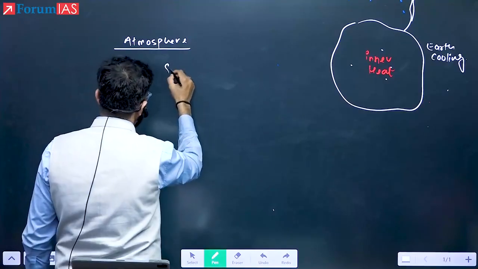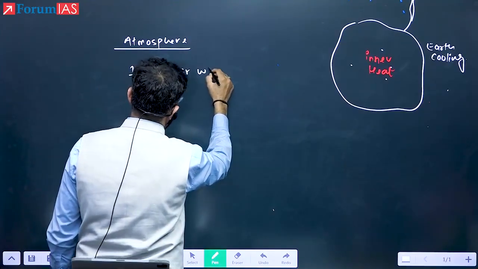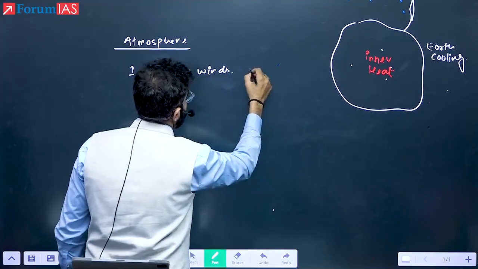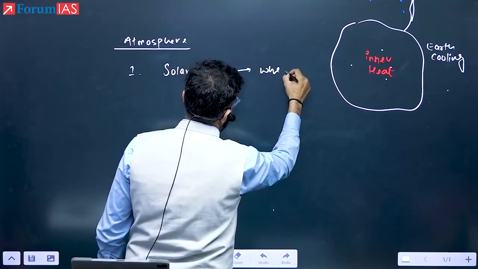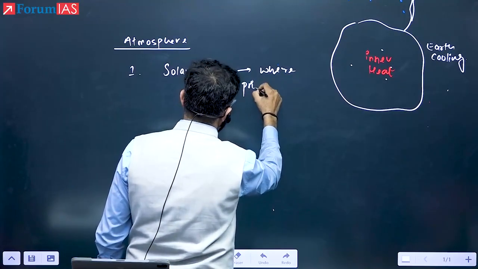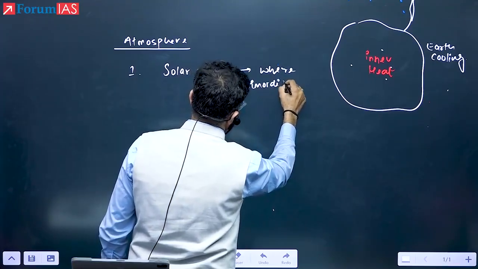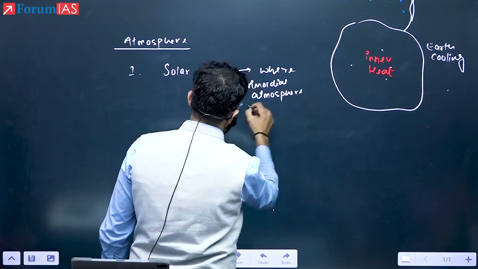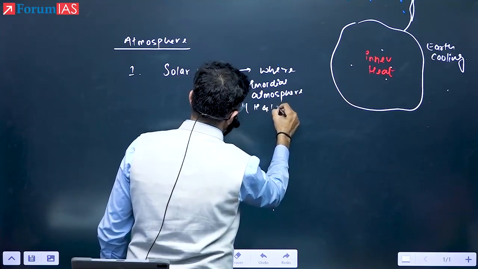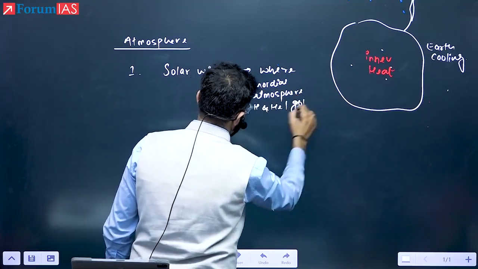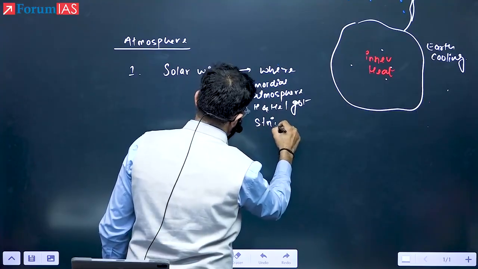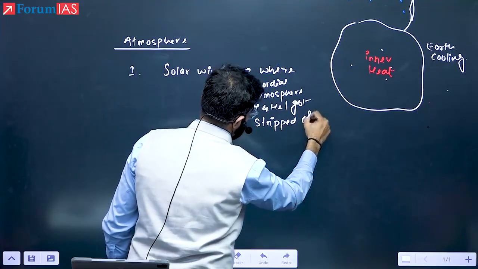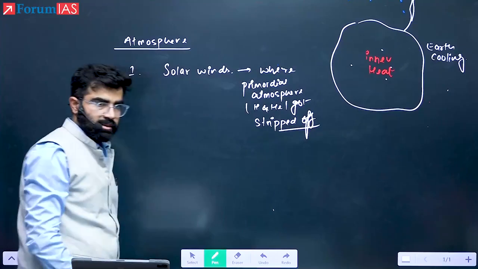So number one, it was the solar winds where the primordial atmosphere that was rich in hydrogen and helium got stripped off. So this is how our atmosphere was stripped off, number one.